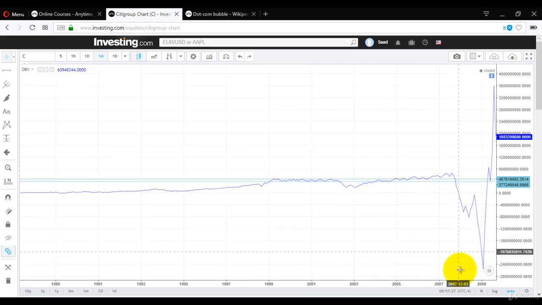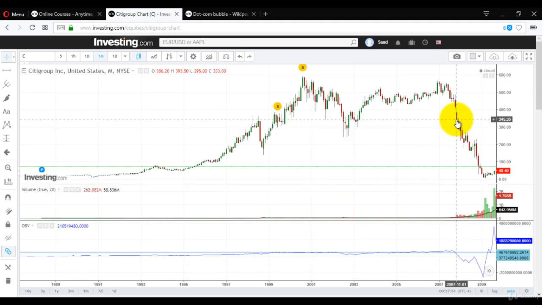Look at it. You can see the date right here. This date is November. If you go 1 month back, this is October. Even in November, you could have sold it at $333. I am again repeating, $333, November 2007.